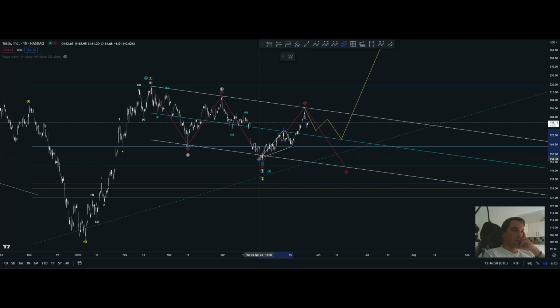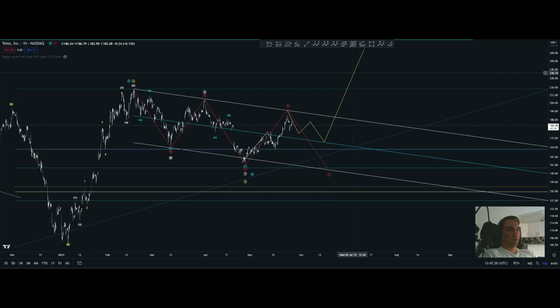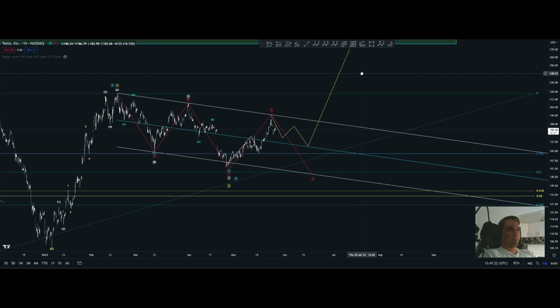If it's an impulse, alright, I want this upper channel broken. If not, then we're gonna have another ABC down to complete our wave Z. If we have a corrective wave move such as yellow one, then I would long. For the moment, 3 wave move.